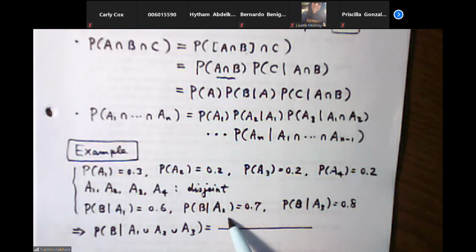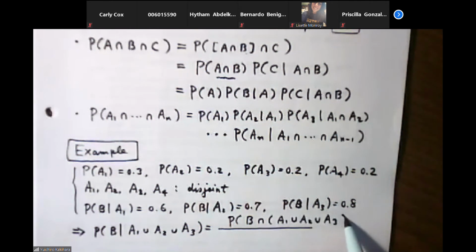It is the probability of B intersection the event A1 union A2 union A3, by definition, divided by the probability of A1 union A2 union A3. This is by definition. We got this.